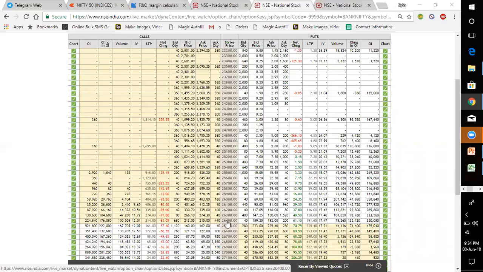It will be 51 rupees plus 4 or 5 rupees extra, so expiry happens at around 55 rupees or something like that. But if it is a monthly expiry, it will be exactly 51 rupees. There are some calculations in that. Got it?